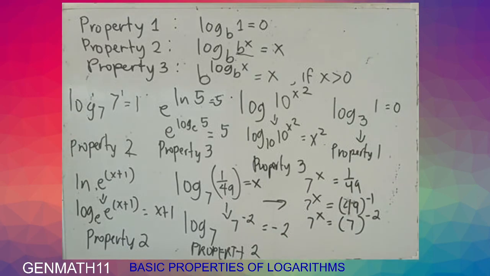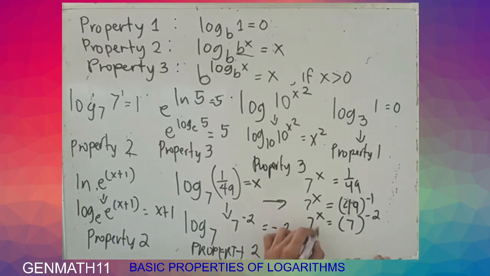Then, kapag translate natin into logarithmic, magiging log 7 of negative 2 equals x. Kapag may exponent tayo, yun ang magiging value ng x natin. So, ang value nito ay negative 2.